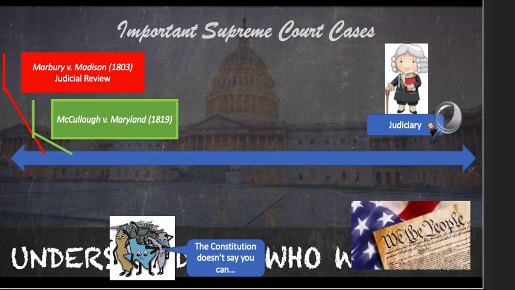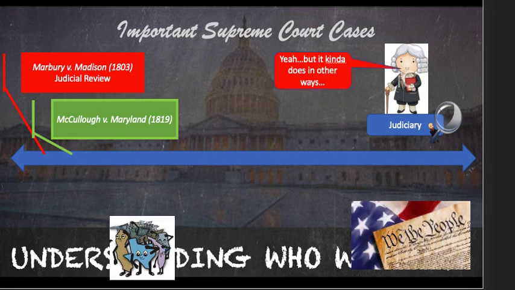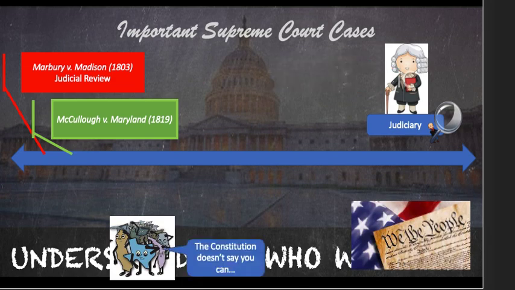The next important case that you need to be aware of is McCulloch versus Maryland, 1819, and basically the argument in McCulloch versus Maryland was the issue of federalism, right? It was specifically about a bank, and Maryland argued that there could not be a national bank because the Constitution didn't give the power to the national government to have a national bank.